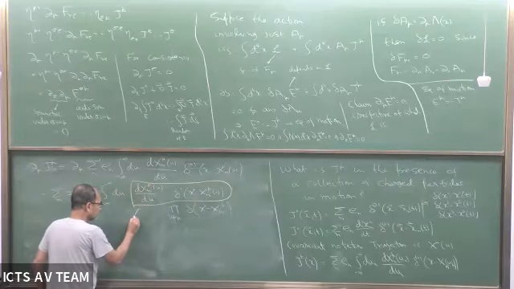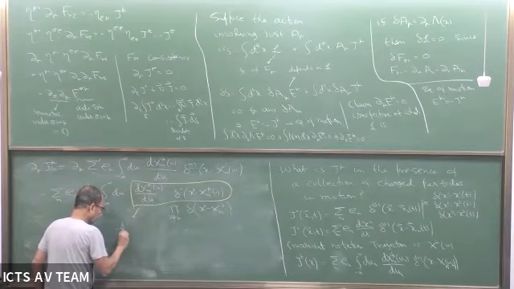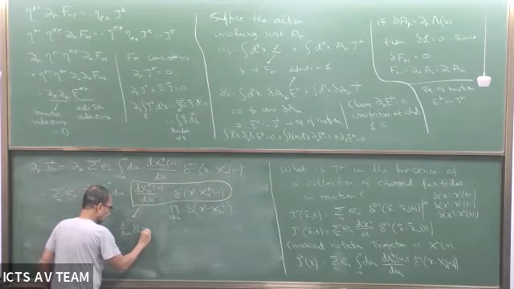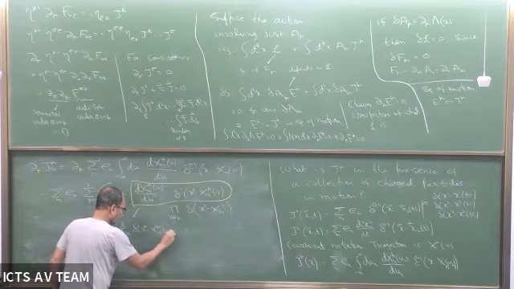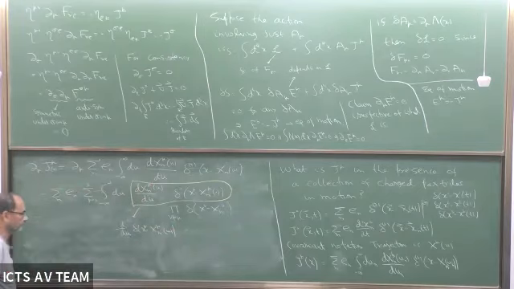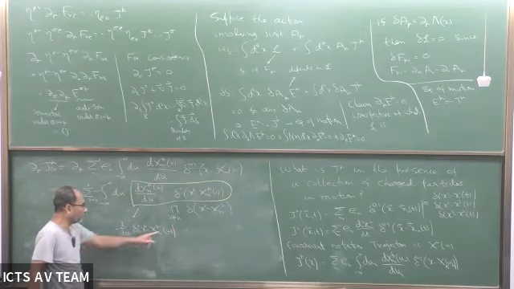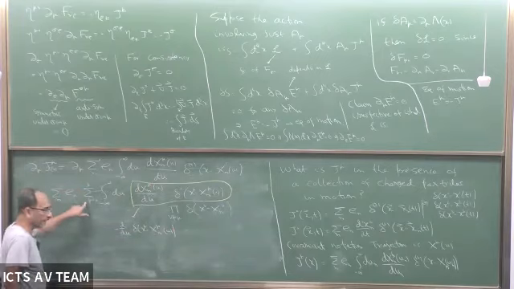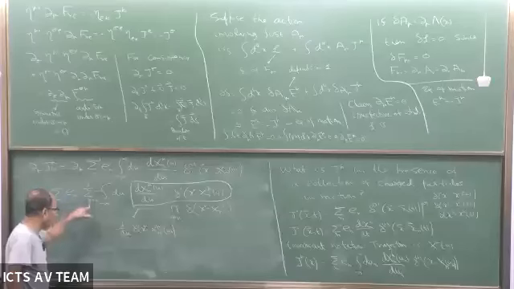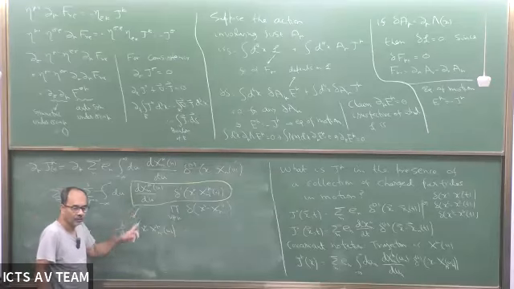So this is minus d/du of delta of x minus xn of u. So d/du acts on one of the 4 delta functions. But now you have a sum over all 4, and as you sum over all 4, d/du acts in turn on one after the other.